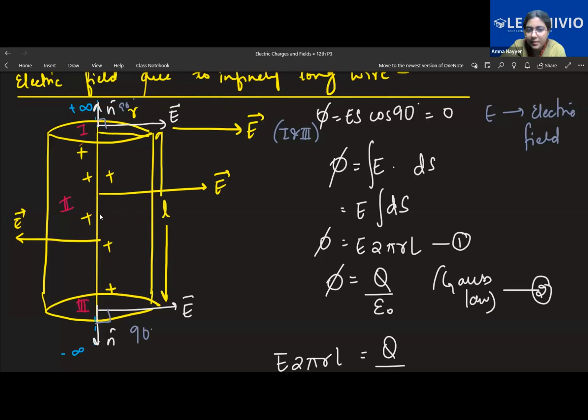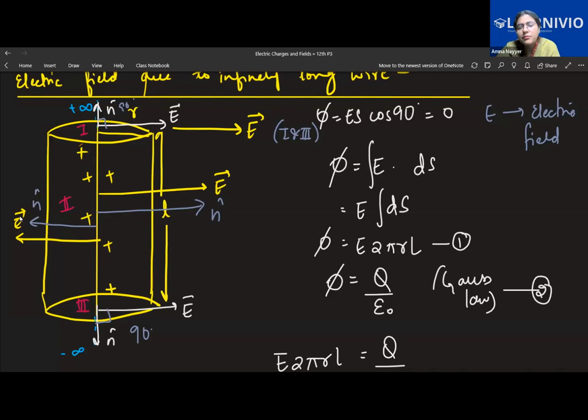For this part, the area vector will be n cap, angle 0 degree. For this part, the area vector of this curved surface will be pointing this side. It will be 0 only if you change the orientation of the cylinder. Because both the sides are curved surfaces, they'll have their respective area vectors like this.